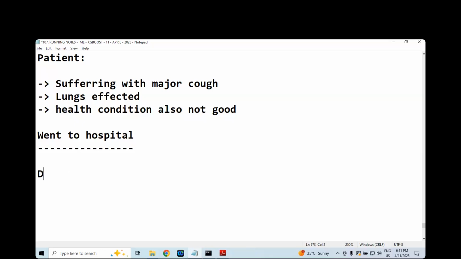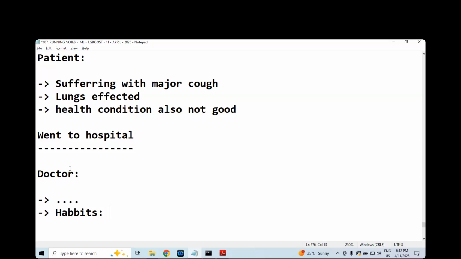Then, sir, the doctor started talking like this. He asked all these things and is checking the report, along with this discussion. Now here is the story. He is asking about habits. What is the first habit? First of all, he has a major cough, lungs affected. Any idea what the first question is?